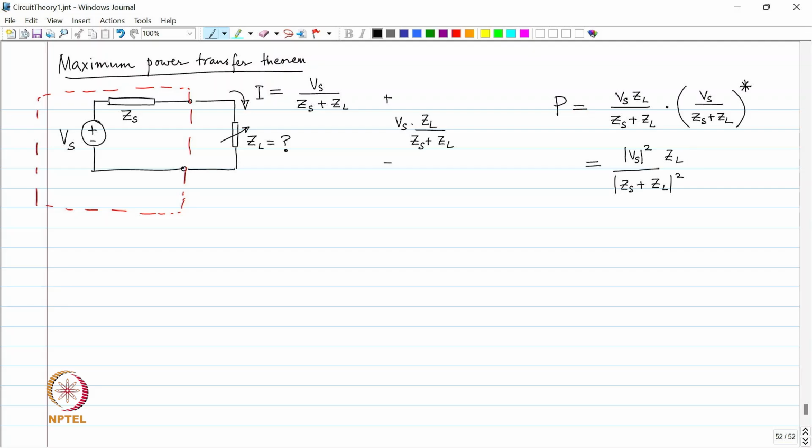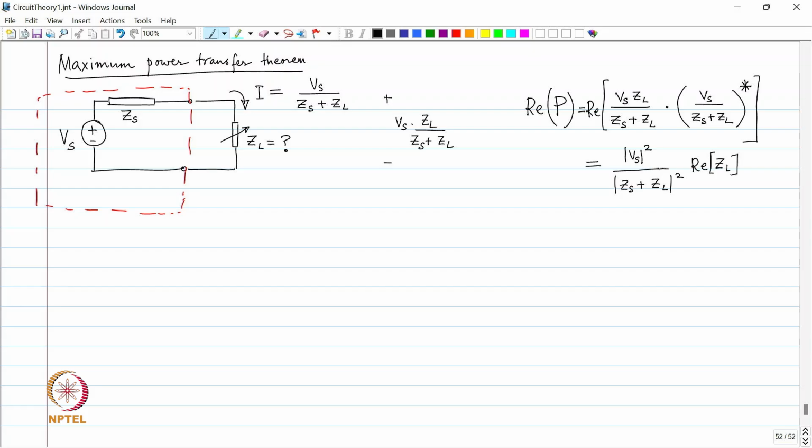But this is the complete complex power, right. What is the real power? Active power. What is the actual power? Real part of this. So, instead of ZL, this is going to be real part of ZL.